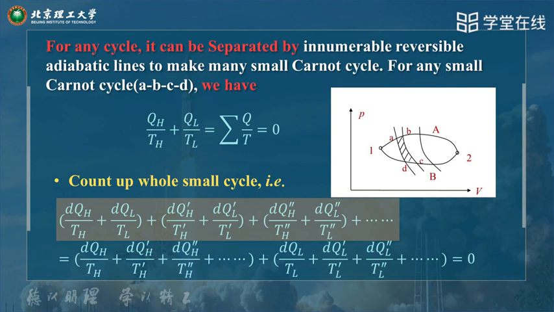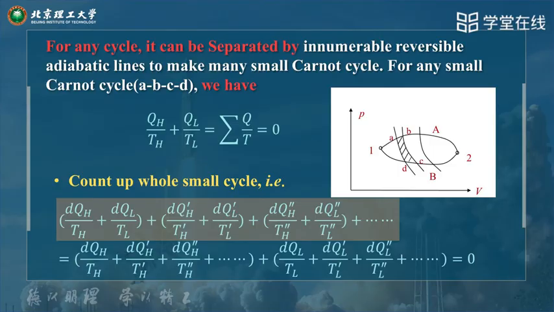The second small Carnot cycle is dQH prime over TH prime plus dQL prime over TL prime. The third one, the fourth one, many small Carnot cycles together.